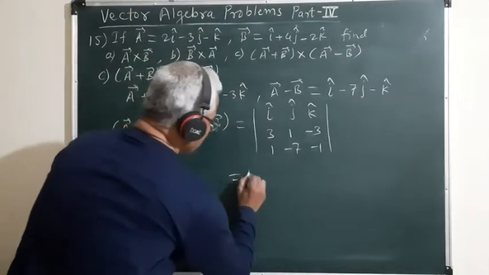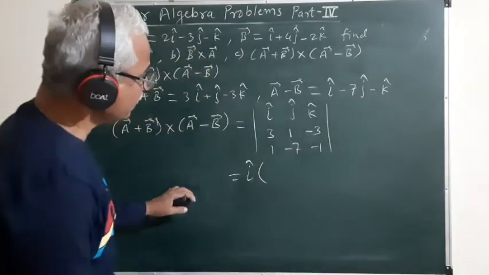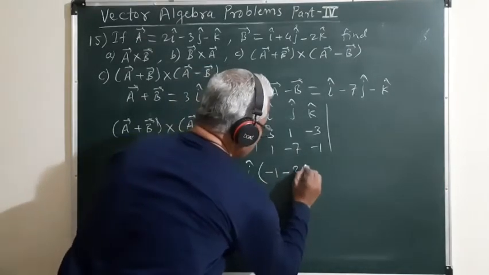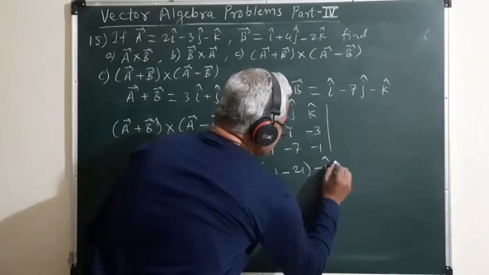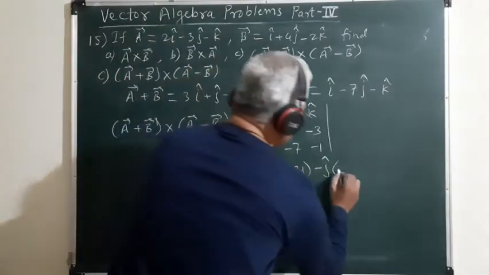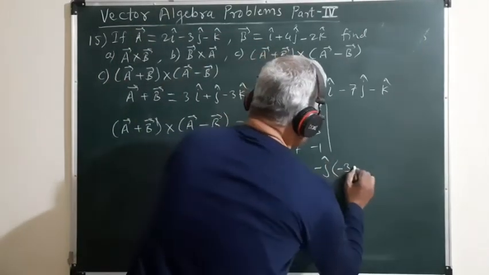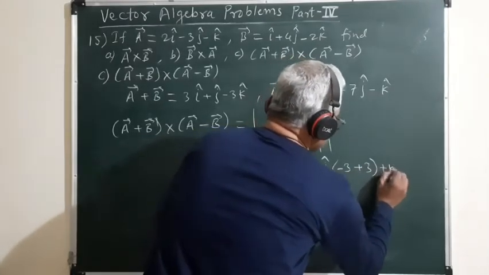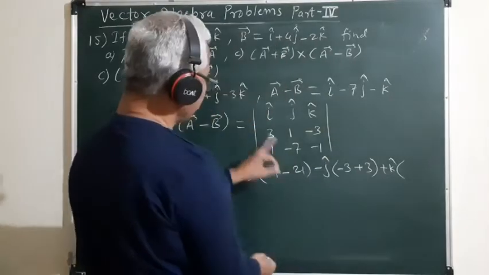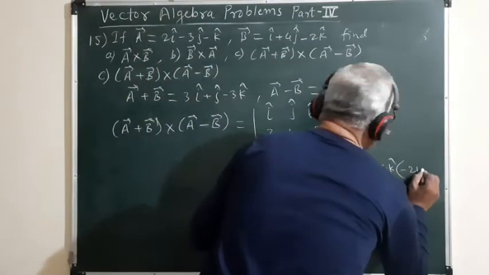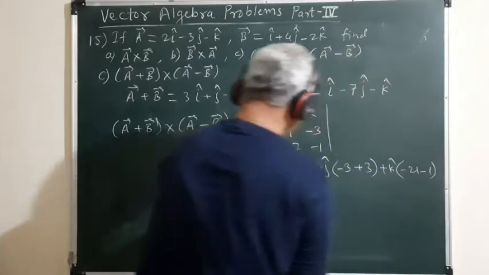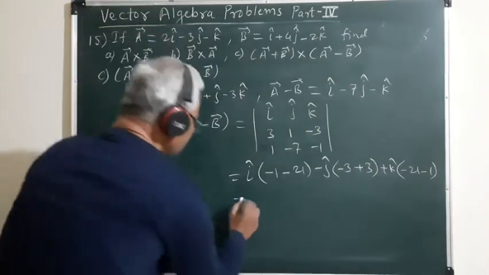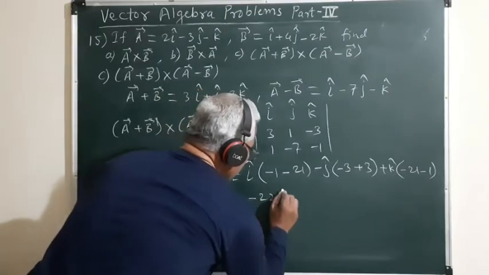So this is equal to i cap into bracket minus 1 minus 21, minus j cap into bracket minus 3 plus 3, plus k cap into bracket minus 21 minus 1.